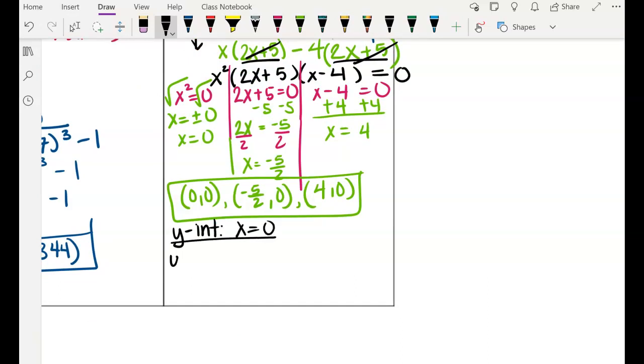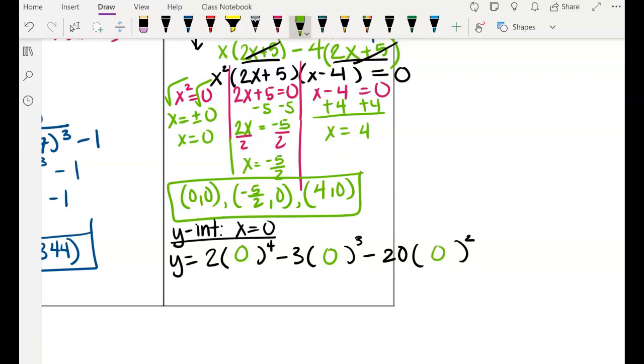So it's going to go y equals 2 times, I see the first x, wait for that to happen, minus 3 times the second x, which was raised to the 3rd, minus 20 times the third x, which was raised to the second. So every time x is in the equation, we substitute with 0 because we're looking for the y-intercept.